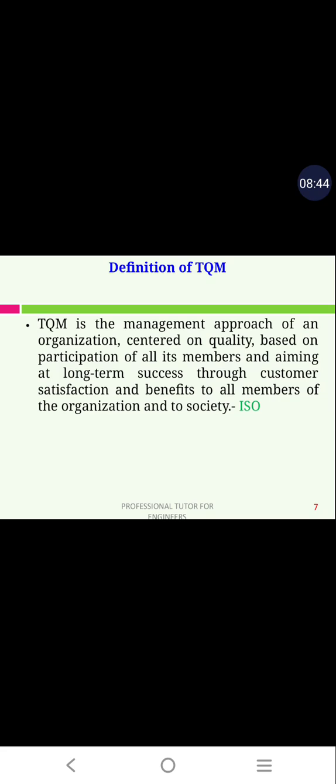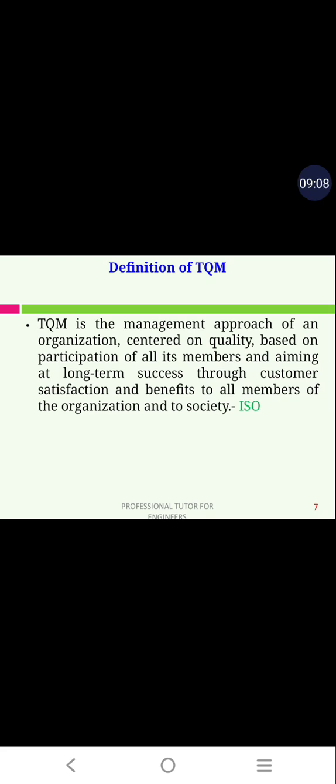So they need to plan for long-term success, how this product will work in the long term. It has to be thought of from such an angle. And the main focus is that the customer has to be satisfied, and it should benefit the entire organization as well as the society. So this is the definition given by ISO.